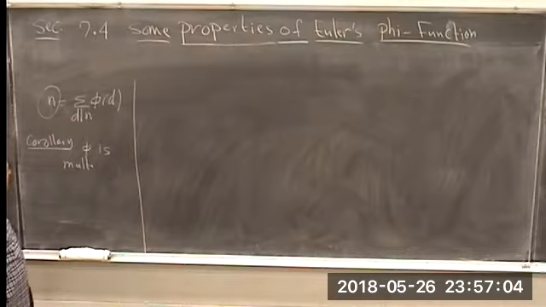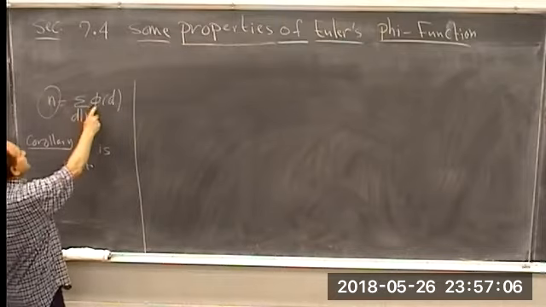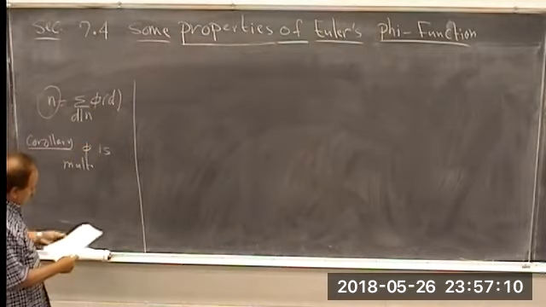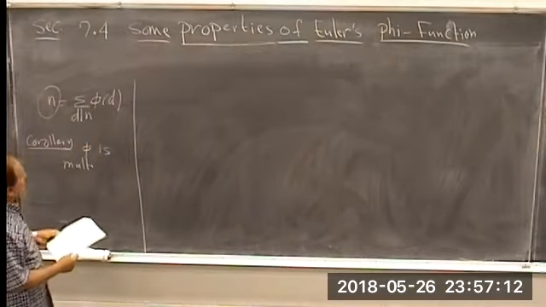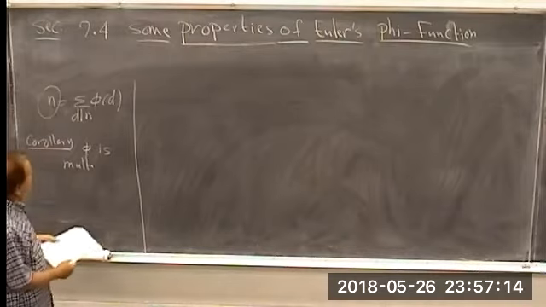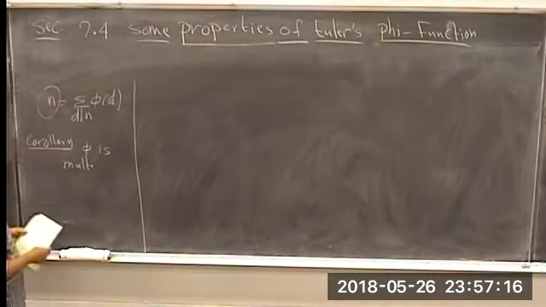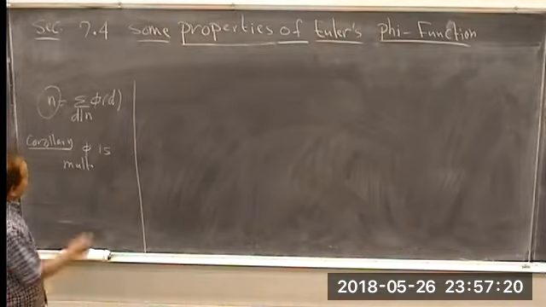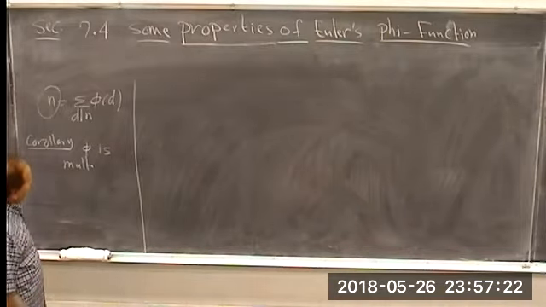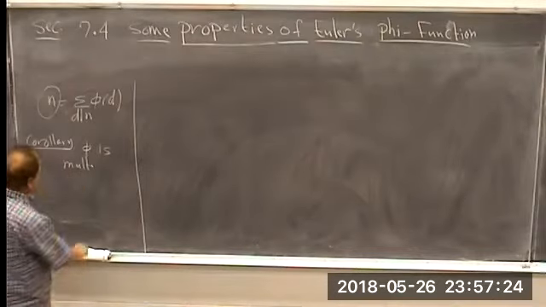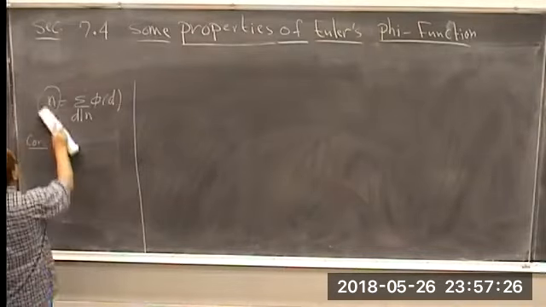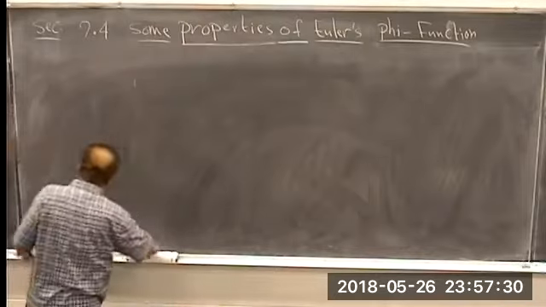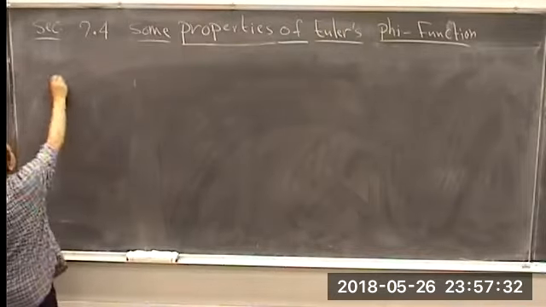I'm saying this is cheating because we already used the fact that phi is multiplicative. Actually, it is a legitimate one. We did use it indirectly, because we said that capital F of n is multiplicative because phi is multiplicative. But here is another way to see this. All right, here is another theorem, 7.7.